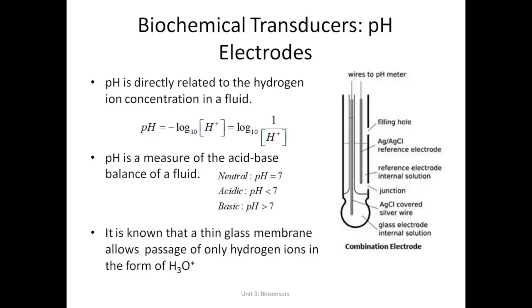The reference electrode internal solution is there, and the bulb-like structure that you see here is actually a glass which acts like a semi-permeable membrane. When you dip this glass membrane into any fluid, it will allow the hydrogen ions to pass through it in the form of H3O plus.